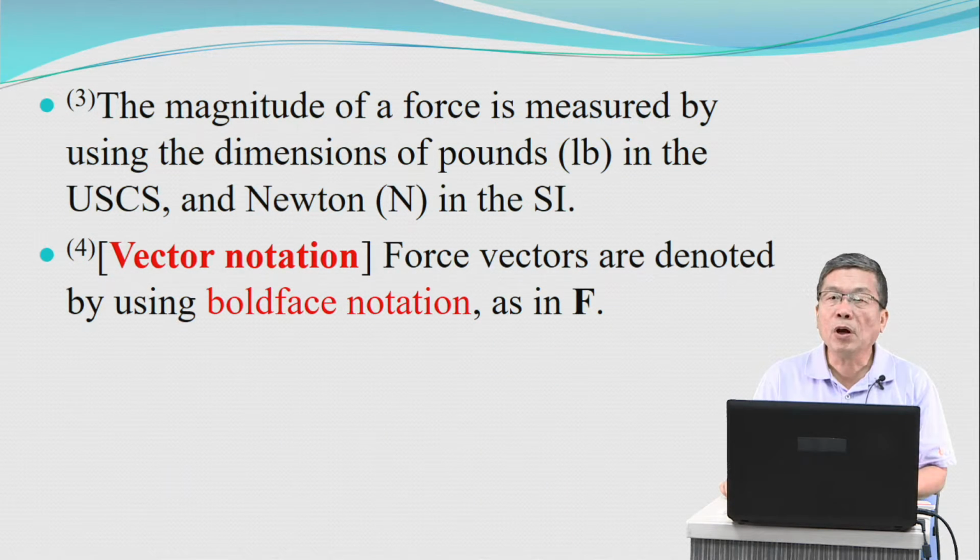The magnitude of a force is measured by using the dimensions of pound in USCS and newton in the SI system. Vector notation. Force vectors are denoted by using boldface notation, as in F.